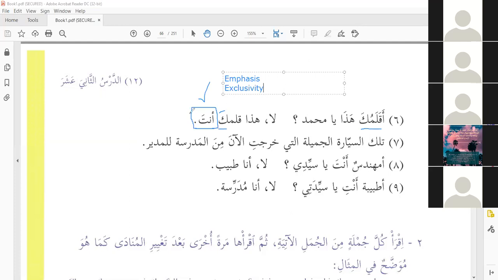It's the same thing as a subject pronoun. It's extra in the sense that it's not essential to the sentence, but adding it adds emphasis and exclusivity. It means they and they alone are the successful, or we could say they are the truly successful ones.